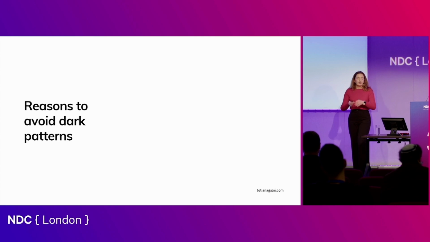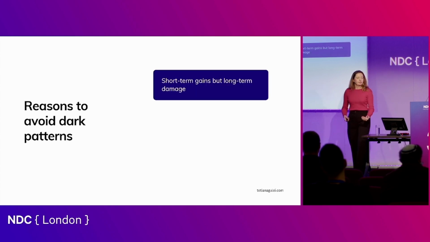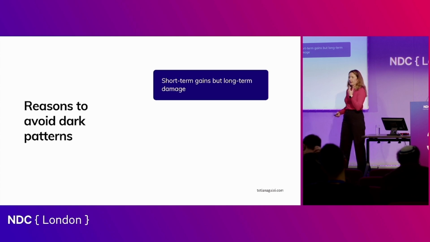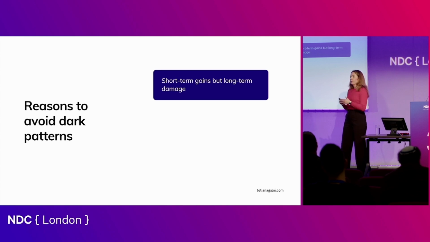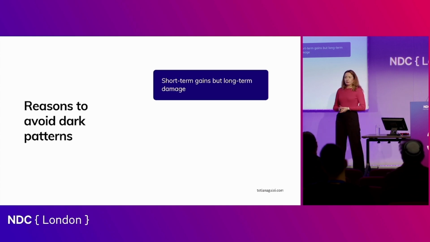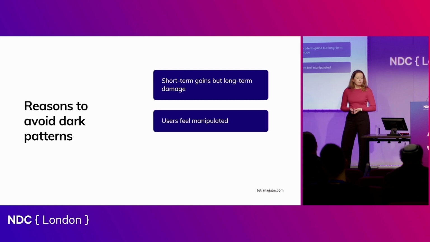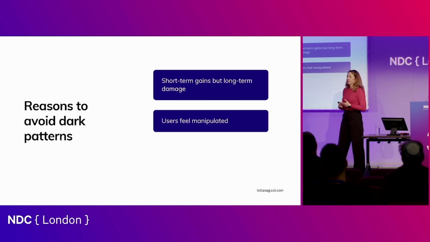So dark patterns are a very bad thing to use, and first of all, it's because you might have short-term gains, such as bigger sales or meeting your goals or having more leads, more newsletter readers. But in the long term, it will really damage your brand reputation. When users realize that they got into a trap of dark patterns, they feel manipulated.